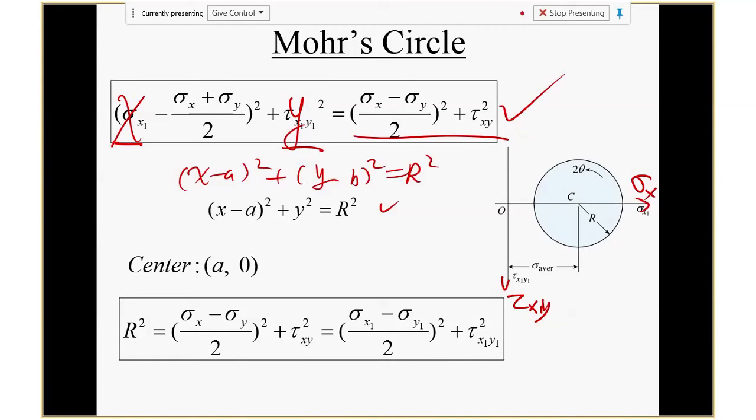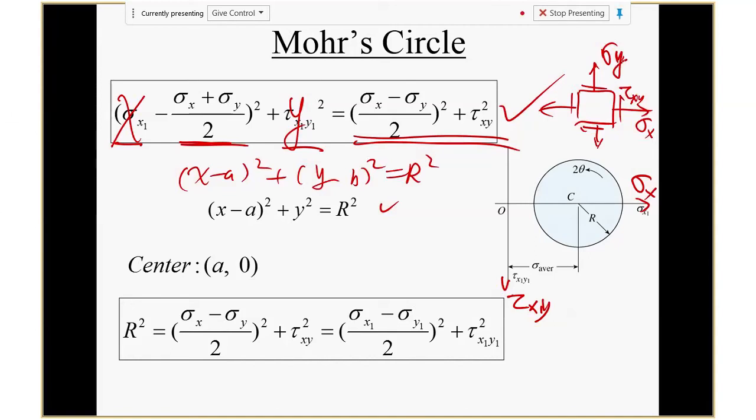Everyone can draw this circle now, because when I give you sigma x, sigma y, and tau xy, you can calculate the center and the radius, so you can draw the circle. If I give you this element, with sigma x, tau xy, and sigma y here, you know sigma x, sigma y, and tau xy.